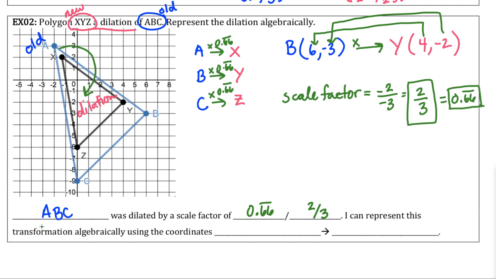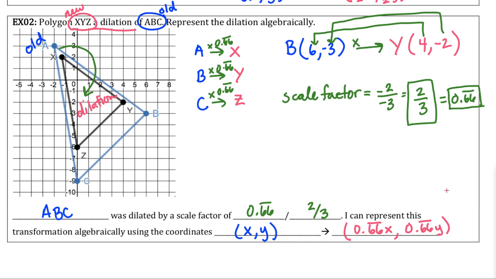And I can represent this transformation, this change, algebraically using the coordinates x comma y, and then it becomes 0.66x and 0.66 repeating y.